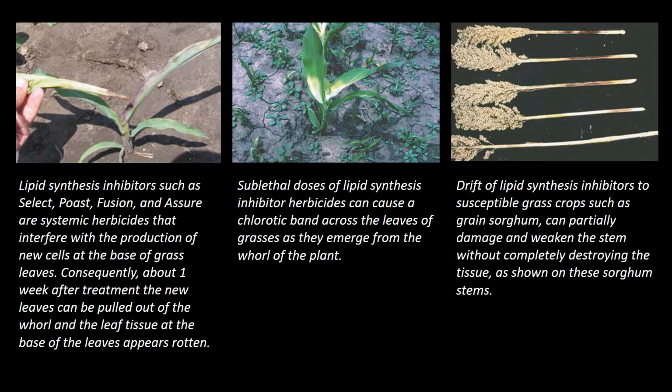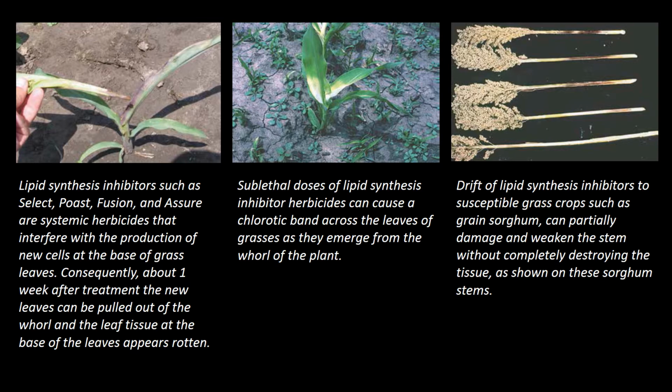The injury symptoms caused by the lipid synthesis inhibitors are not evident until several days after treatment, although the plants cease growing soon after herbicide application. Fully developed leaves of treated grass plants may still look healthy for several days after treatment, but new leaves in the whorl of the plant will pull out easily, exposing decayed tissue at the base of the leaves. The plants will gradually turn purple, brown, and die, but the leaves may stay green for a longer time.